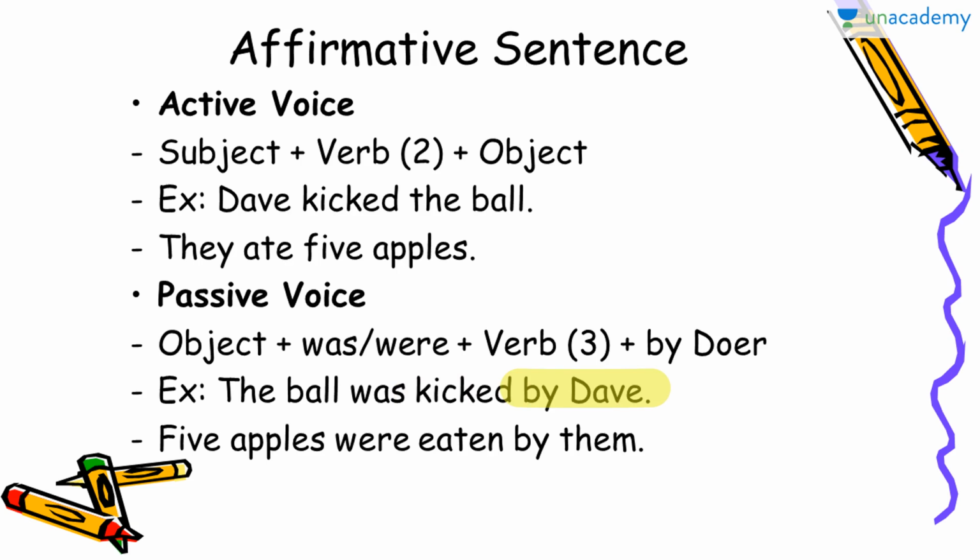Another example, 5 apples were eaten by them. Now 5 apples, the object over here in active, becomes the subject, takes the position of subject in passive voice. Because it is plural, we are using were, and then the third form of eat, which is eaten, is used, and by whom the work is done, by them. So in this manner we complete our sentence from active to passive.